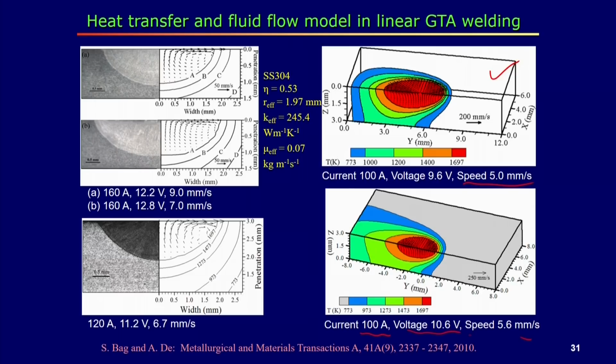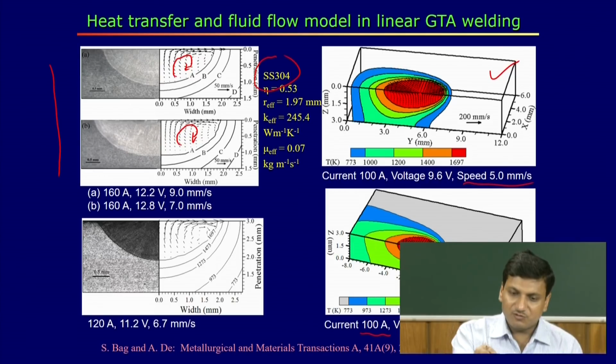If we look here in detail, we can compare the experimentally measured macrograph with the computationally evaluated velocity field as well as the temperature field. For stainless steel 304, we can see the velocity vector moves in a clockwise direction. Here also you can see the velocity vector is in the clockwise direction. So, the material flows clockwise with respect to one center point.